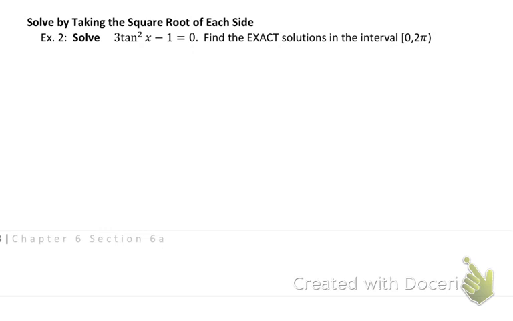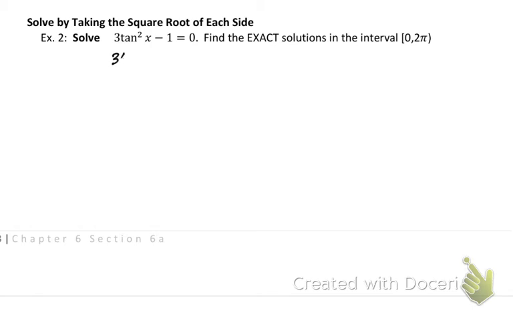My next one is taking a square root of each side. So rather than picturing this as being tangent x, think of this as just being like y squared. 3y squared minus 1 equals 0. Your first thing is to get all the numbers and everything to the other side. So I'm going to move this 1 to the other side by adding 1 to both sides.